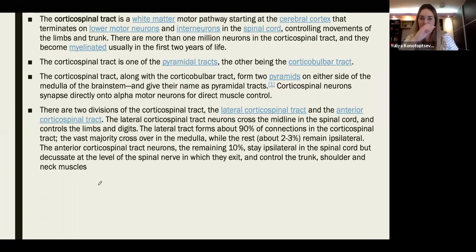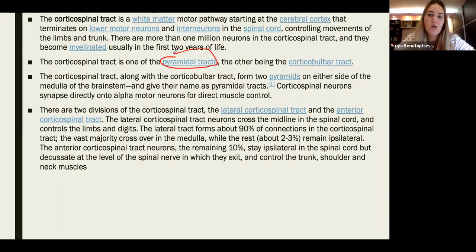So here it's the same idea. We have to understand that there is something which is called pyramidal tract. We have pyramidal tracts and we have extrapyramidal tracts. Corticospinal tracts, so your anterior and lateral corticospinal tracts, together with corticobulbar, are considered to be pyramidal.